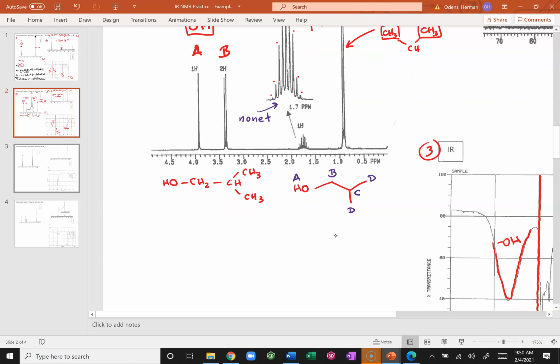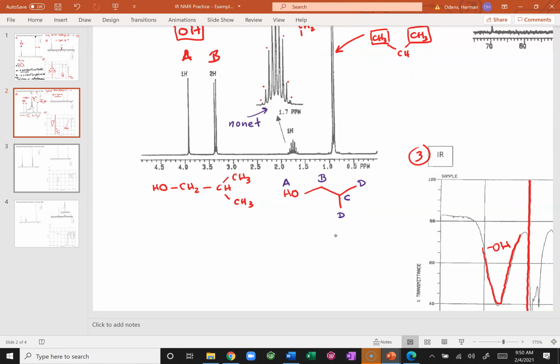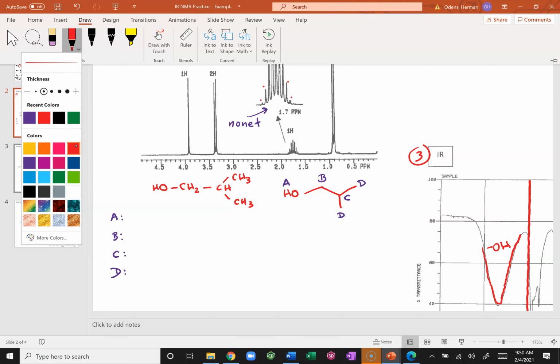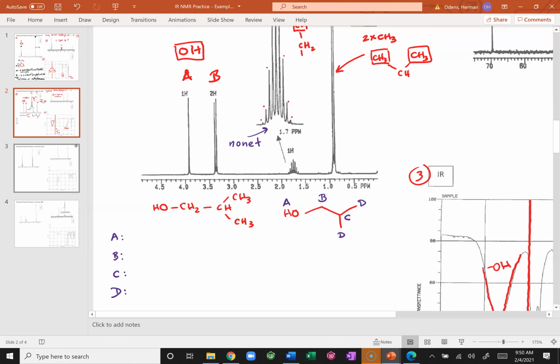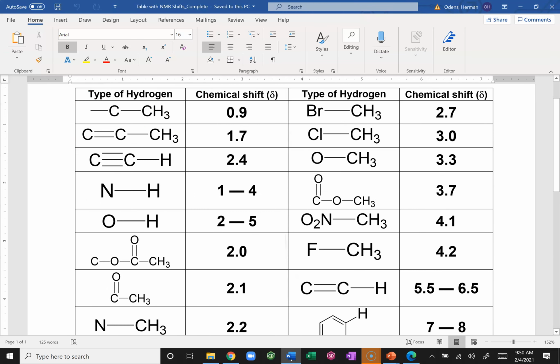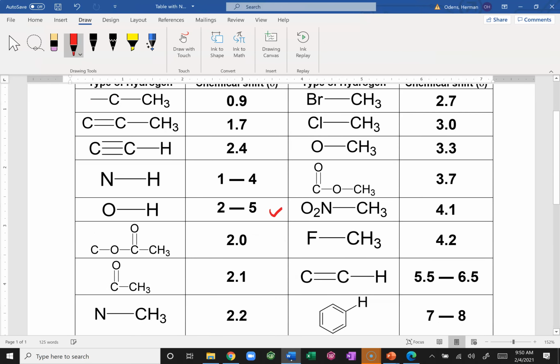We're going to now calculate the shifts for A, B, C, and D. All right? And then we'll say, okay, what is A? Based on this chart, A is between 2 and 5.